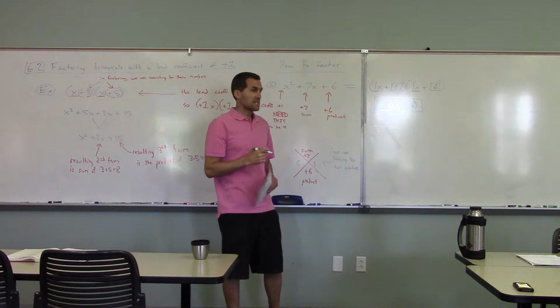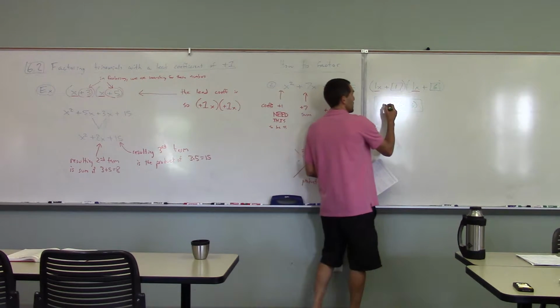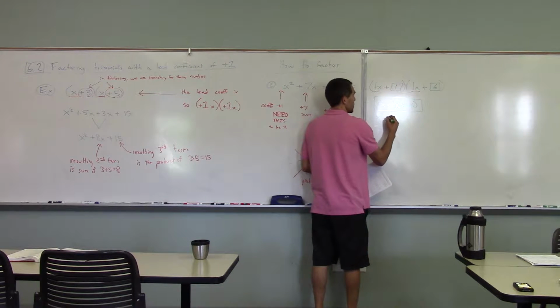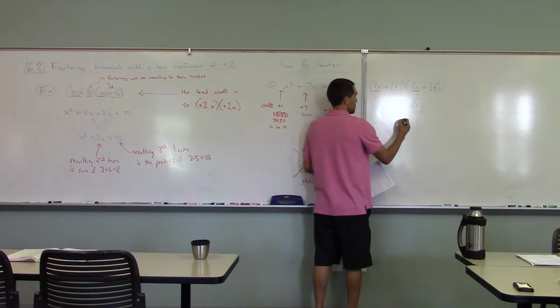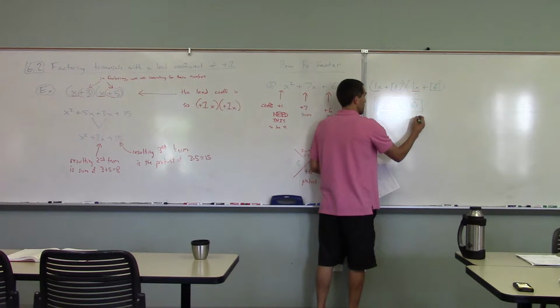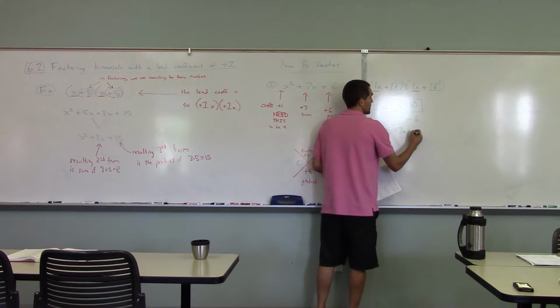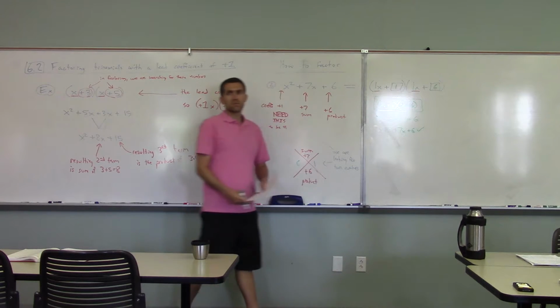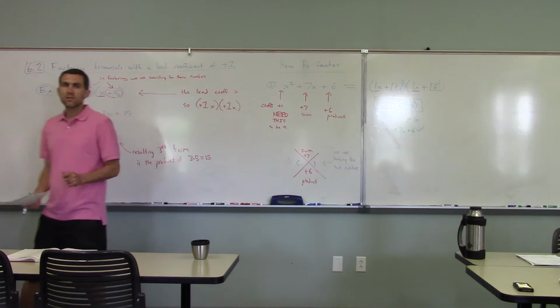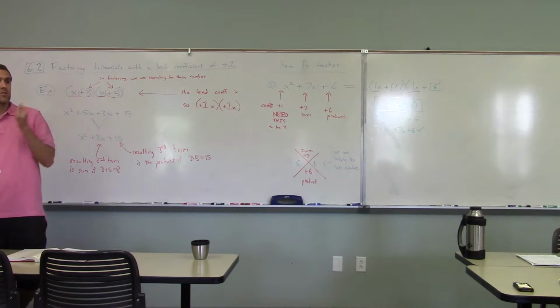Now really easily you could multiply that out and check your answer. x times those would be x squared plus 6x, plus x plus 6, so that would be x squared plus 7x plus 6. Check, it worked.